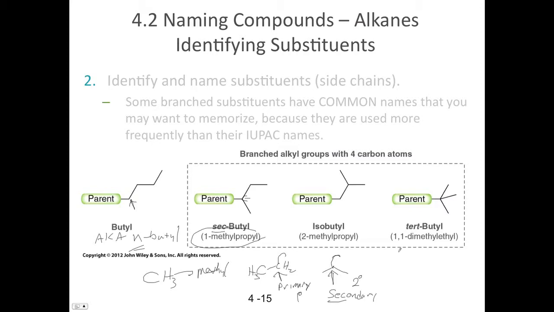And tertiary, right? So this secondary is a carbon that's attached to 2 carbons. Primary is a carbon that's attached to 1 carbon. Secondary, a carbon attached to 2 carbons. And this guy here is a carbon with a hook that's attached to 1, 2, 3 carbons.